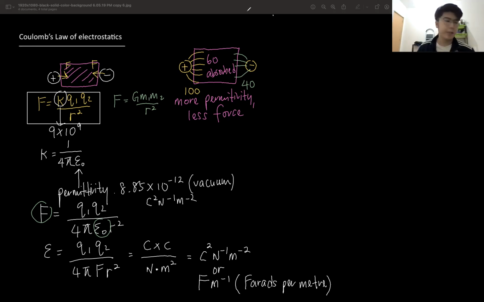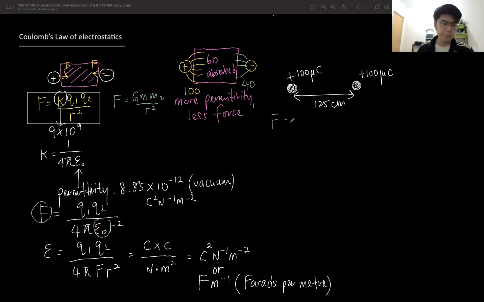All right, example. Calculate the force between 2 point charges. Let's say we have 2 point charges. This one is positive, 100 microcoulomb. And also here, positive as well, 100 microcoulomb. They are separated at a distance of 125 cm. I want to calculate the force.